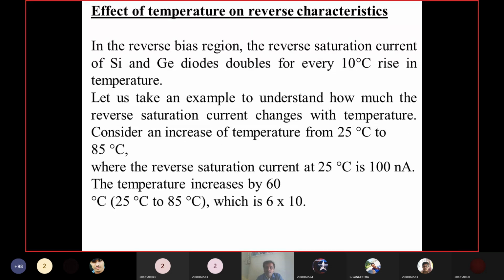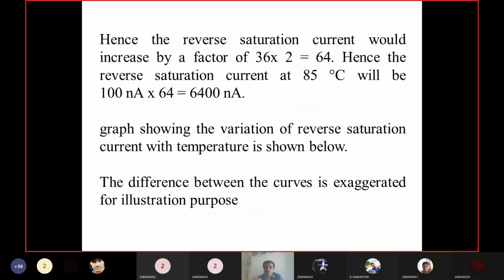Without using this formula, you can simply divide it: increasing 25 to 35, it will double, 100 becomes 200. 35 to 45, it becomes 400. 45 to 55, 800. 55 to 65, 1600. 65 to 75, 3200. Similarly 75 to 85, it becomes 6400. So the formula is correct: the reverse saturation current becomes 2 to the power n times.